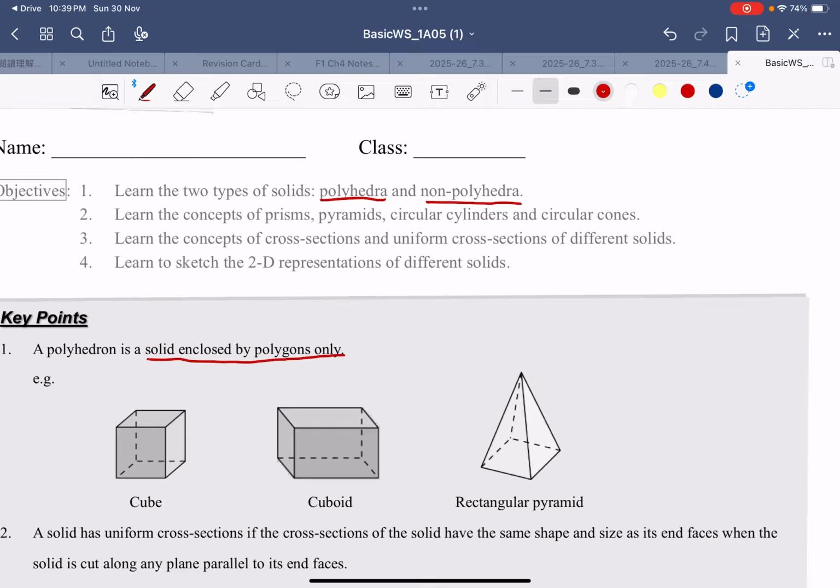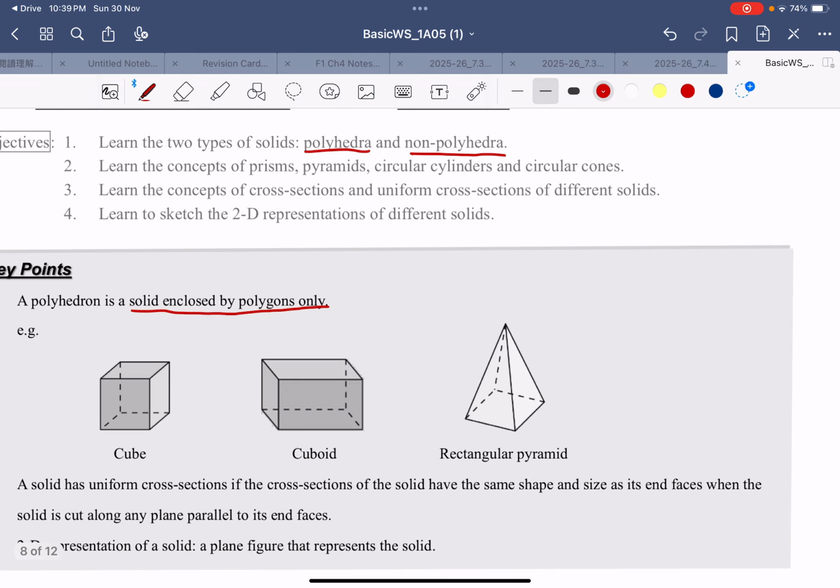And you know polygons already. So a cube is enclosed by 6 polygons, actually 6 squares, right? And a cuboid is enclosed by 6 polygons, some rectangles, some other shapes. Like this side, we have a polygon like a square.